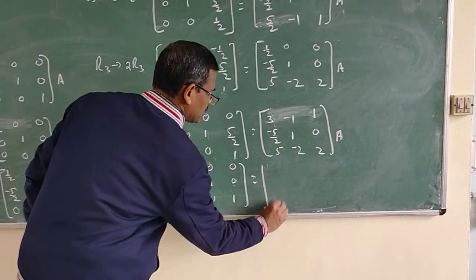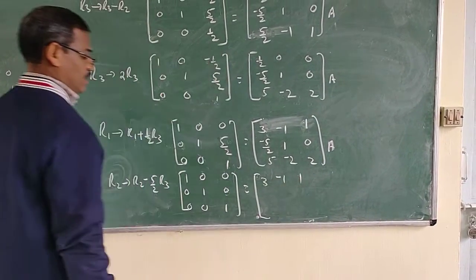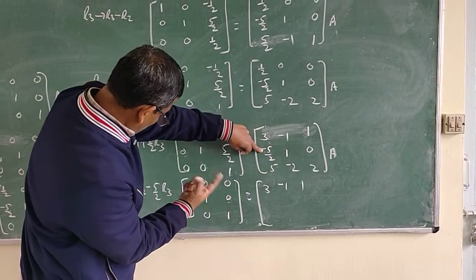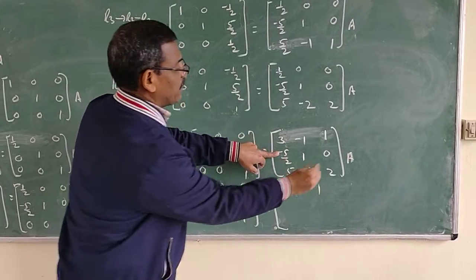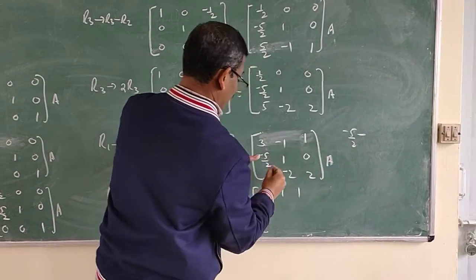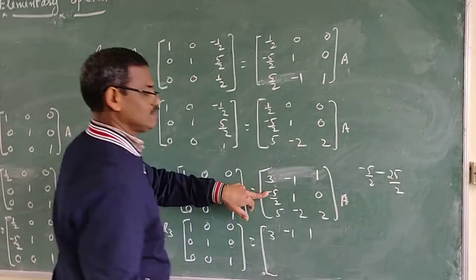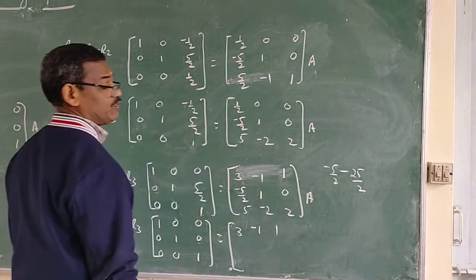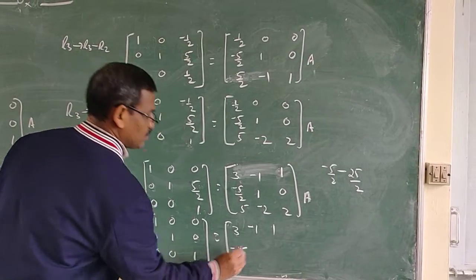So what is the operation here done? 3 minus 1, 1. What is the operation? Minus 5 by 2 minus 5 by 2 R3. So minus 5 by 2 minus 5 into 5, 25 by 2. So how much becomes? Minus 5 minus 25, that is minus 30 by 2, it's minus 15.